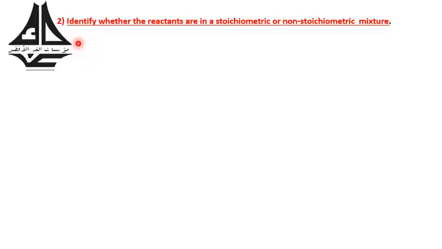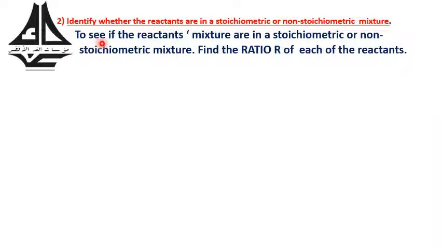Question number 2. Identify whether the reactants are in a stoichiometric or non-stoichiometric mixture. To see if the reactants mixture is in stoichiometric or non-stoichiometric proportion, find the ratio R of each of the two reactants. So we have the ratio of Pb(NO3)2 equals the initial number of moles of Pb(NO3)2 over its stoichiometric coefficient. So 0.1 over 1, it's equal to 0.1.